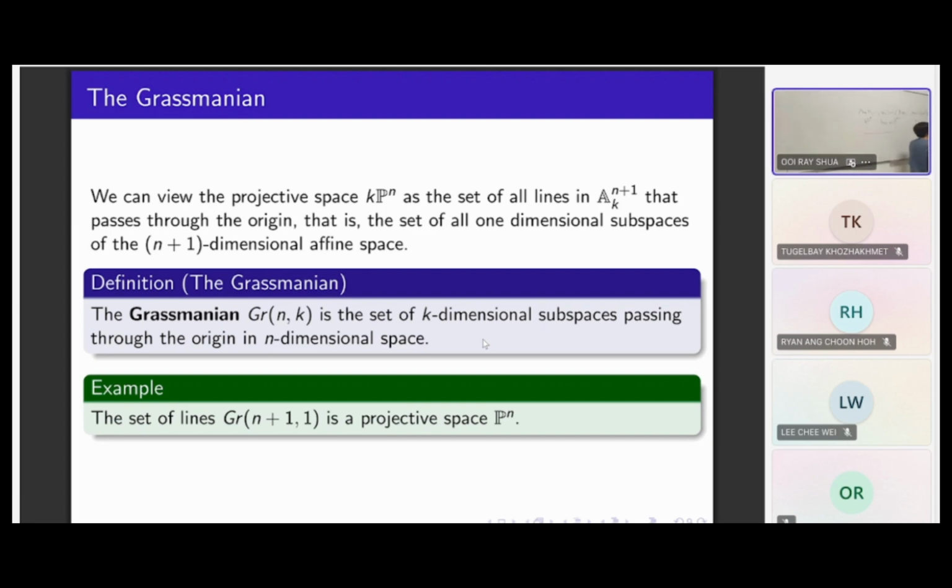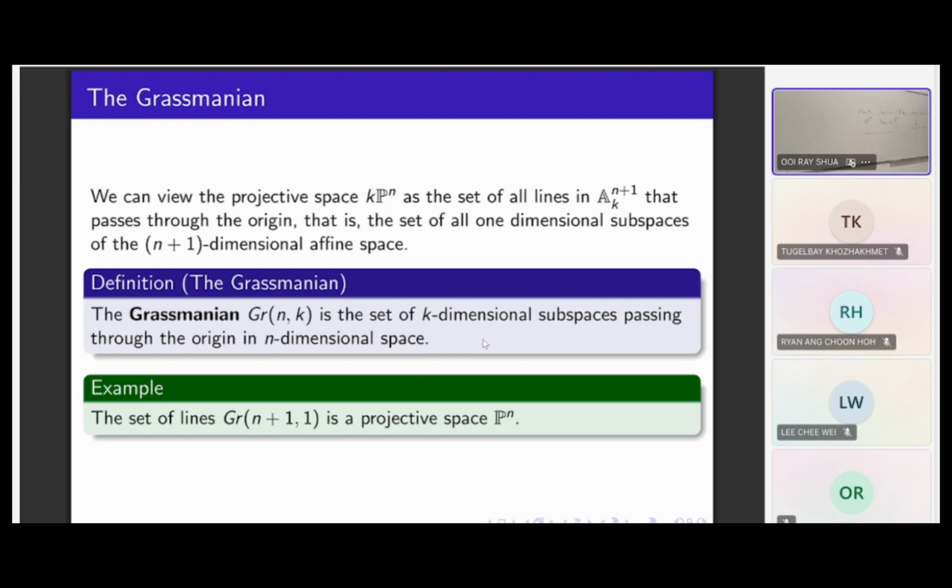Now, the Grassmannian, denoted by Gr(k, n), means that you are in n-dimensional space, and you take the k-dimensional subspaces as the set of elements.